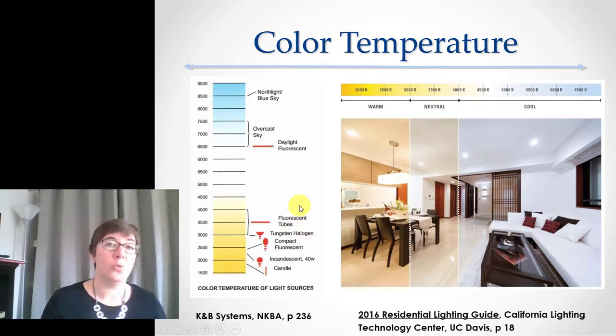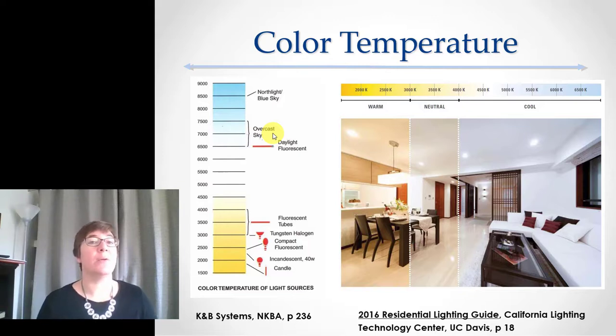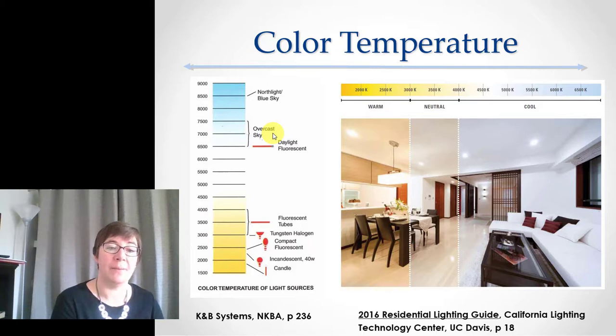Some very cool lamps exist. This is called a daylight fluorescent right here. And you'll see that some natural light can be very cool. A blue sky or an overcast sky can actually have a very cool color temperature.